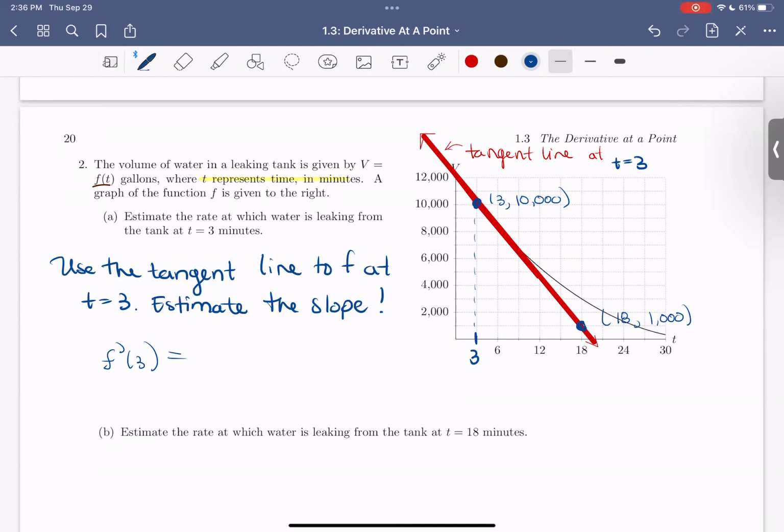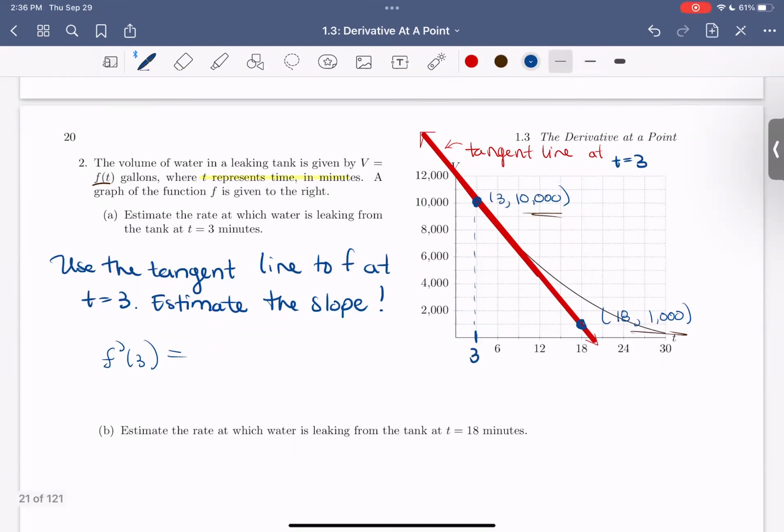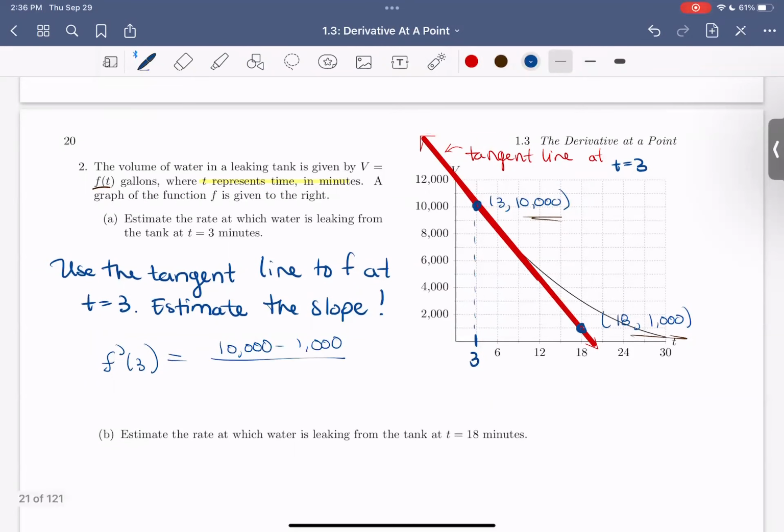So then I need to compute the slope of the line between these 2 points. I look at the difference of my y values, 10,000 minus 1,000, divided by the difference of my horizontal values, 3 minus 18.